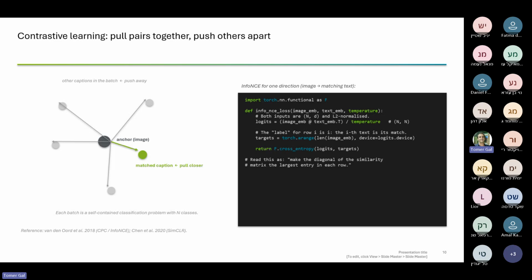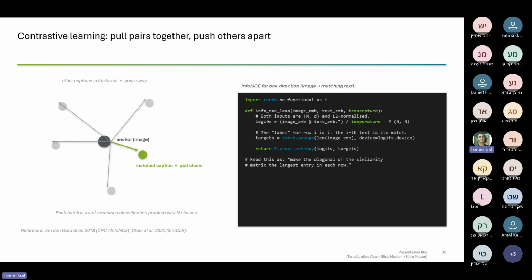And you also want to push all of the others away because you want to tell them, hey, it should be 0, this should be 1. Get farther from here. So basically, the code on the right is the actual loss. It's called InfoNCE. So if we look at the code here, we are getting both of the embeddings and the temperature.